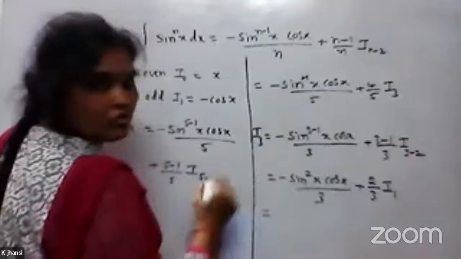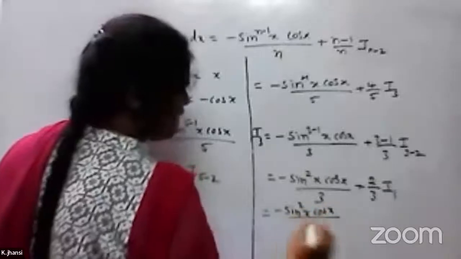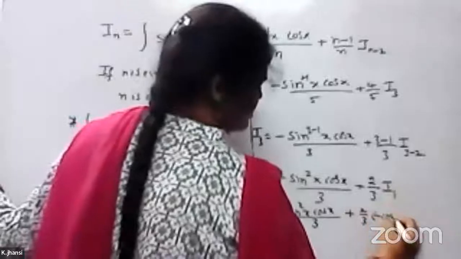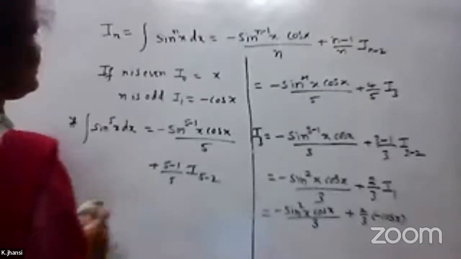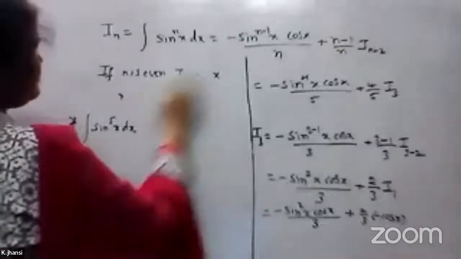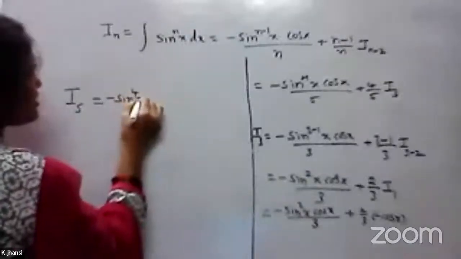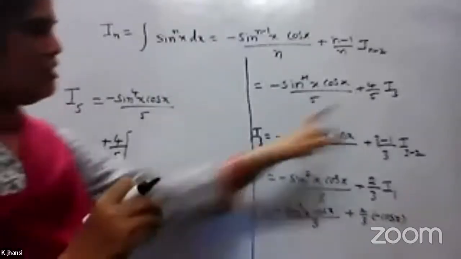So it is equal to, you are able to see, no? Minus sin^2 x cos x by 3, plus 2 by 3, I1 is minus cos x. Okay. Now you substitute here. So I5 is equal to minus sin^4 x cos x by 5 plus 4 by 5 of I3.